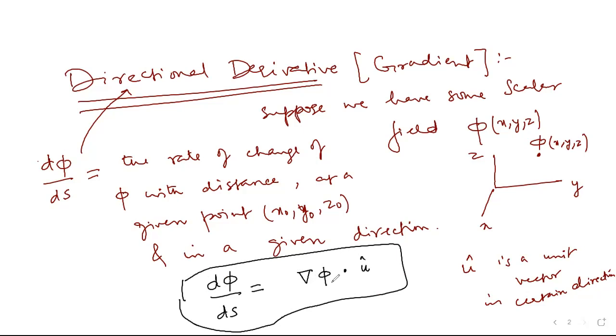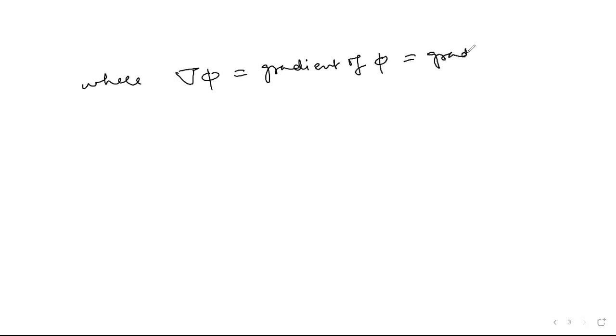What is this del phi? This is read as del phi, where del phi is called the gradient of phi. Gradient of phi is written as grad phi.